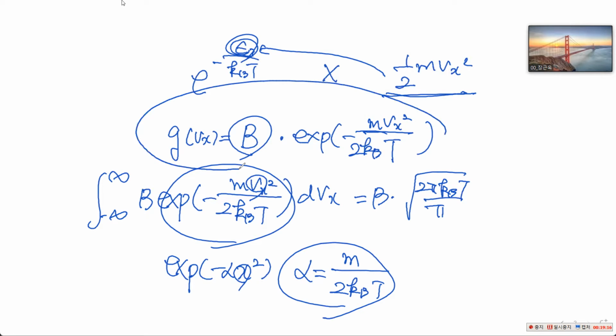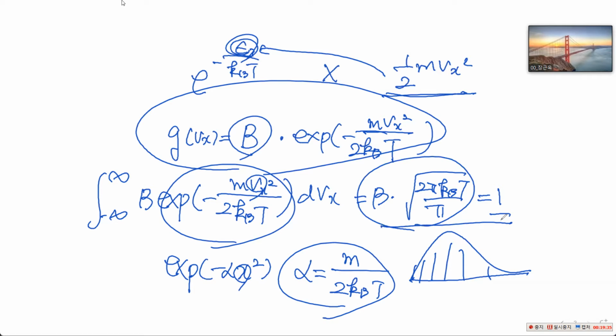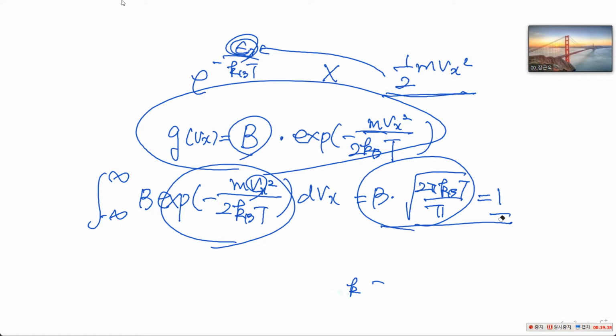Since this value is a distribution function, we normalize it so that it becomes 1. If we sum the whole normalized distribution, the area has to be 1. So we impose that condition there. Then we get B equal to the square root of m divided by 2 pi kBT.